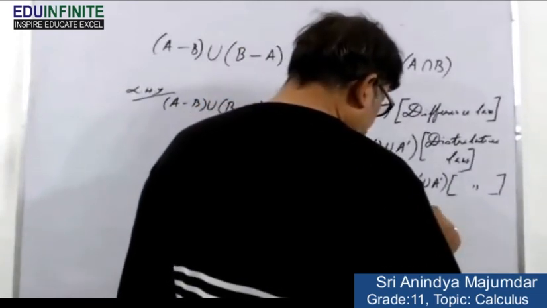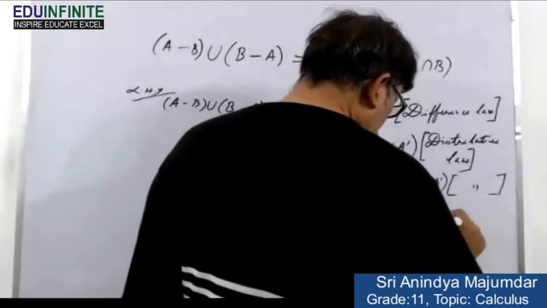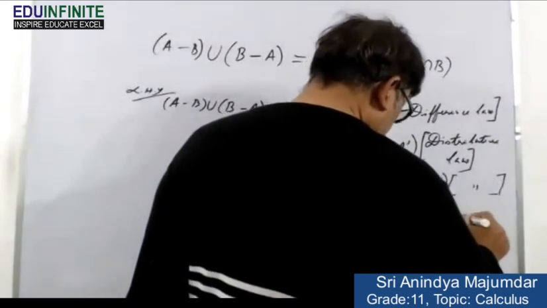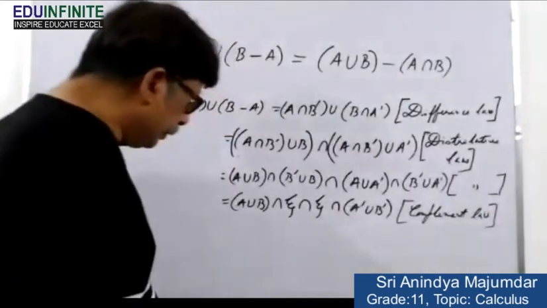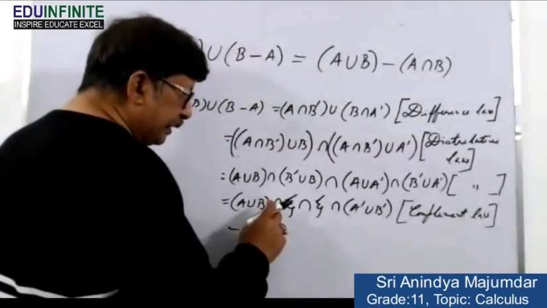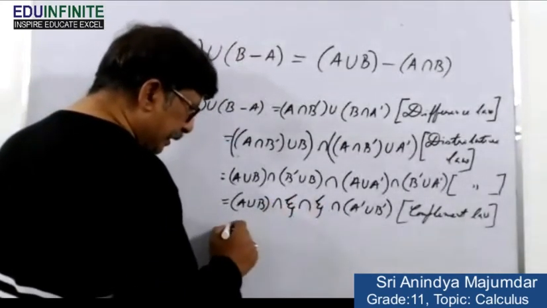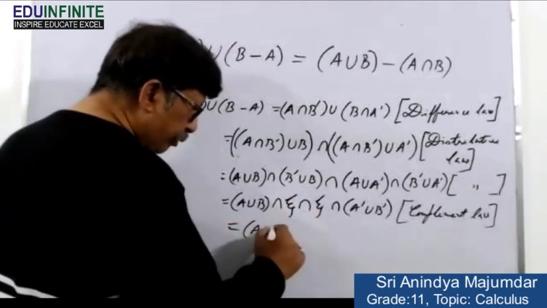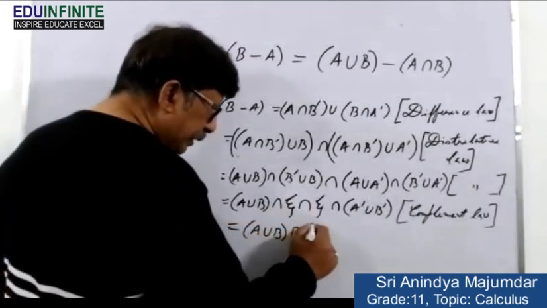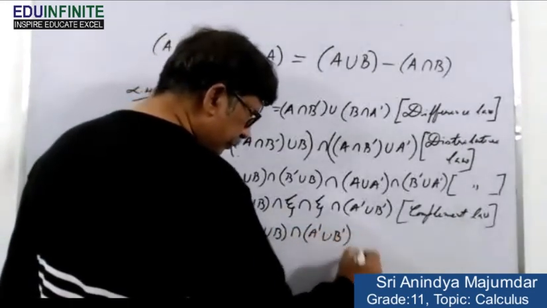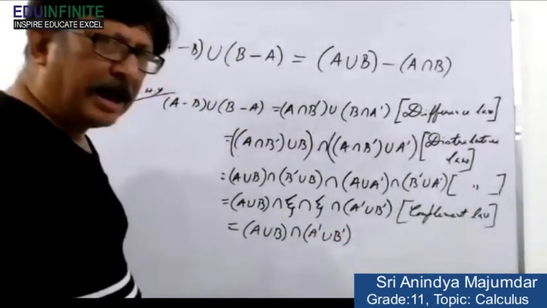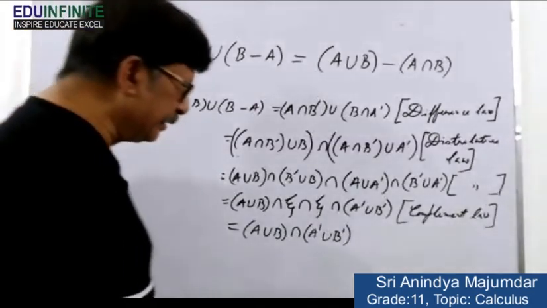That is the complement law. Intersection xi, that is A union B only. Here, intersection A complement union B complement. Identity laws.